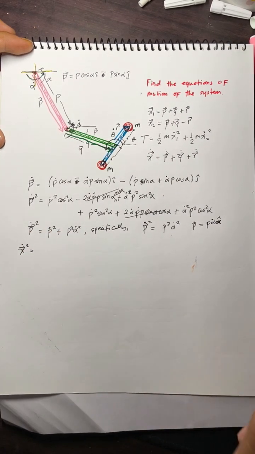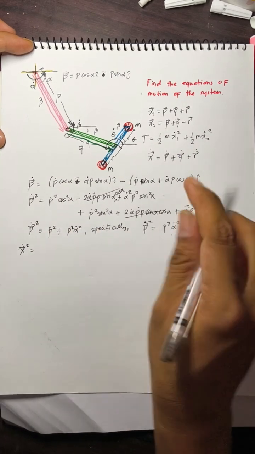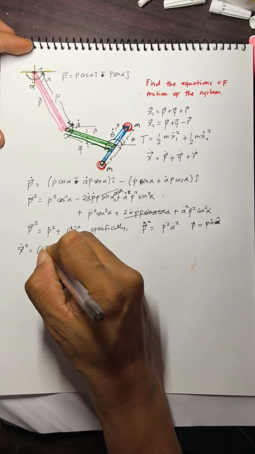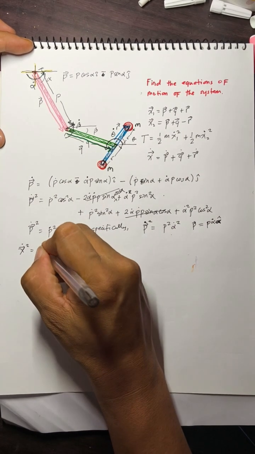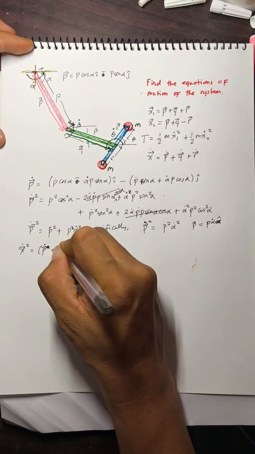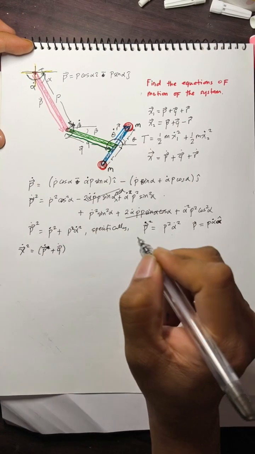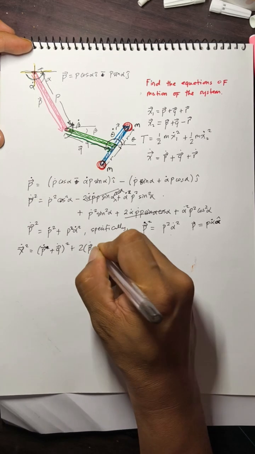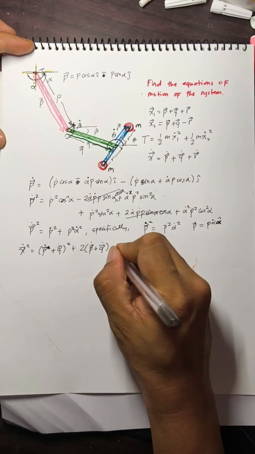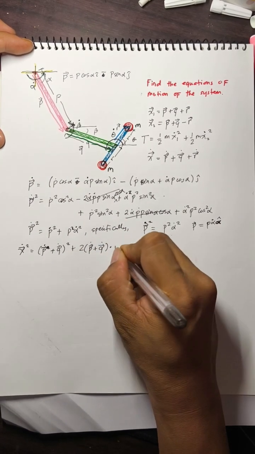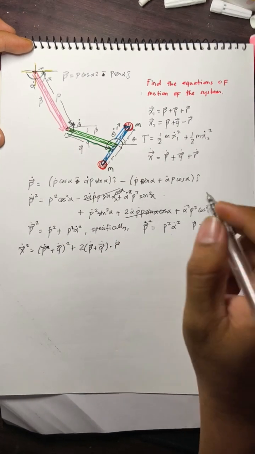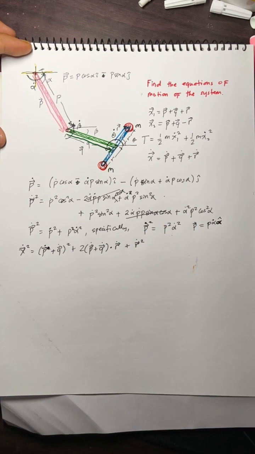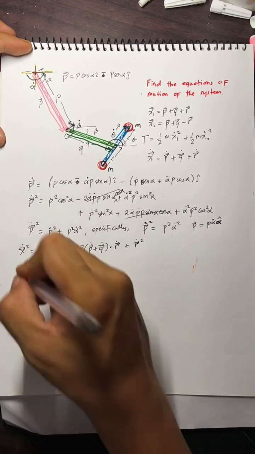X1 dot squared would be equal to, let's group these two, p dot plus q dot squared plus 2 times p dot plus q dot, dot r dot plus r dot squared. Okay, this is x1.